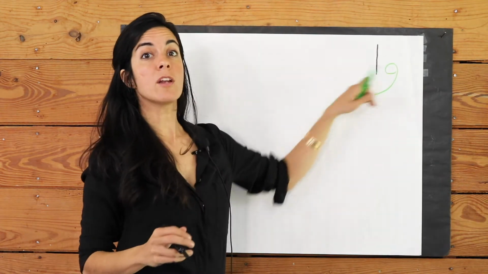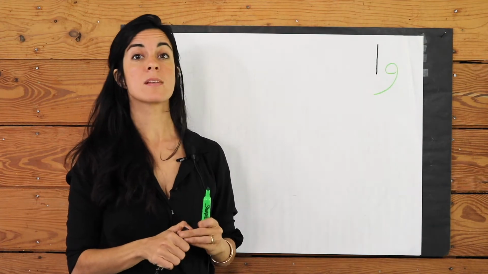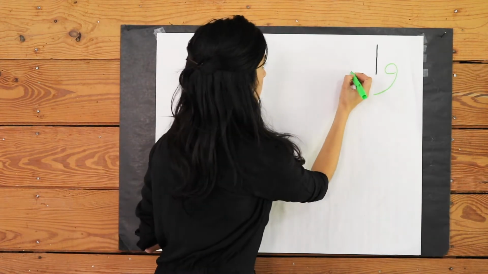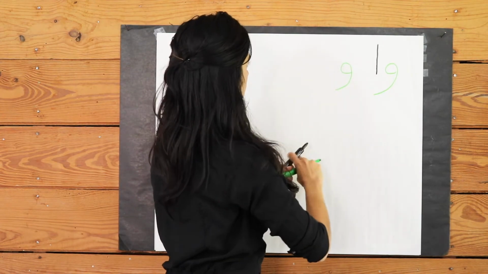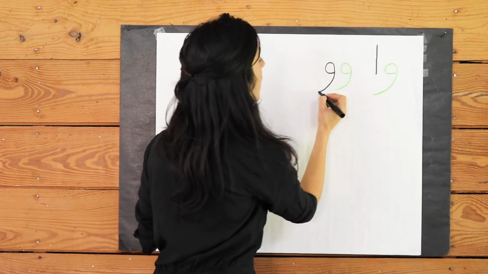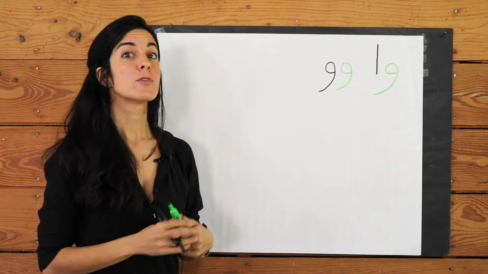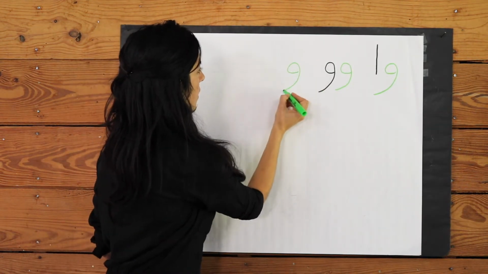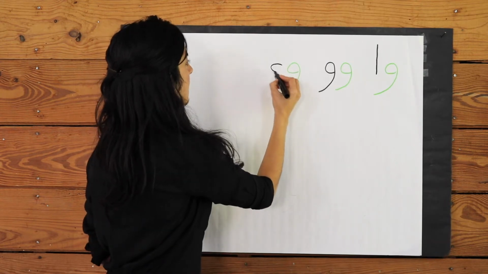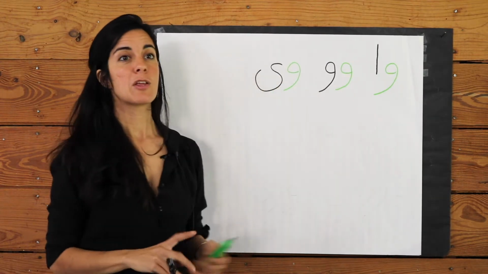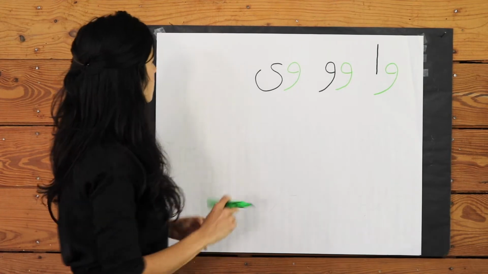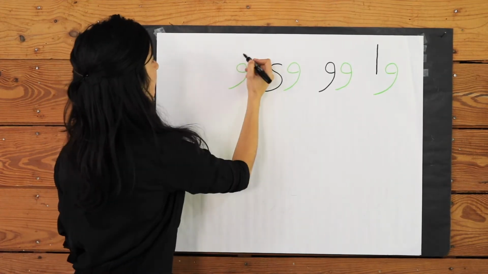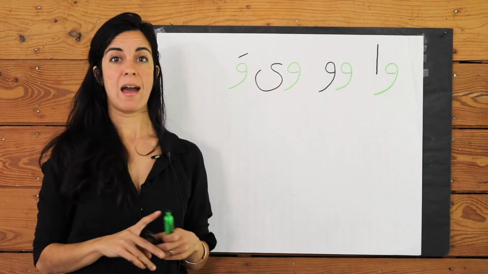So a V with an A after it becomes Va. That is crazy, huh? A V with an U after it becomes VU. A V with the E after it becomes V. A V with an A accent becomes VA.